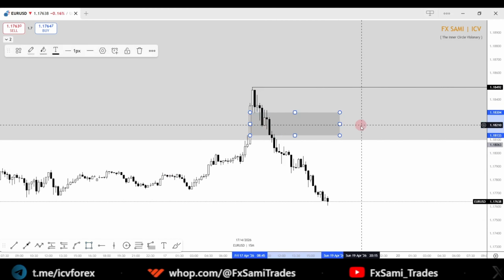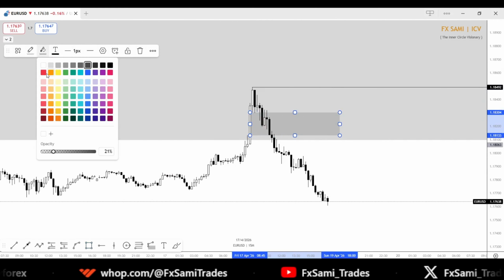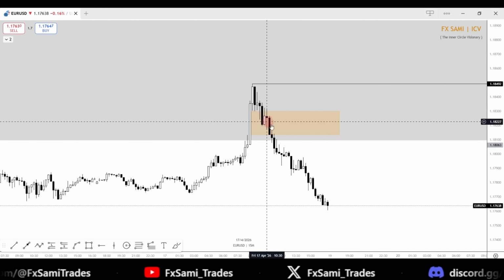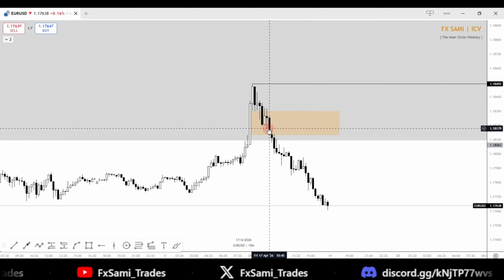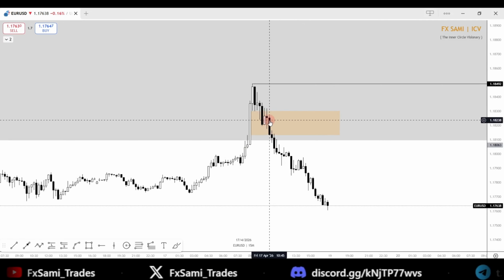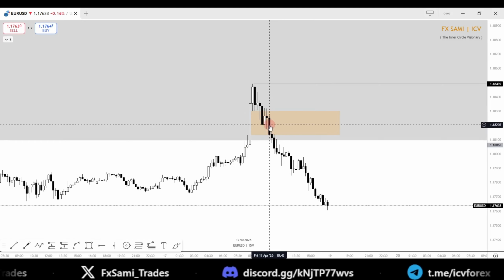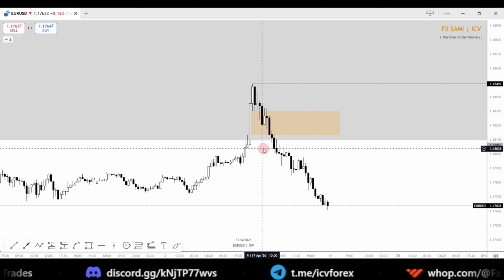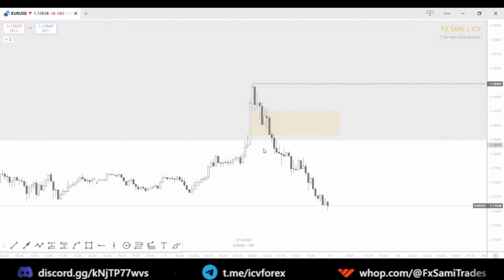So this is not a fair value gap, this is an inversion fair value gap right here. So as soon as we displaced it lower, right here, you see this down close candle. As soon as I saw this closing under this gap, I immediately go where? To the 5-minute time frame.